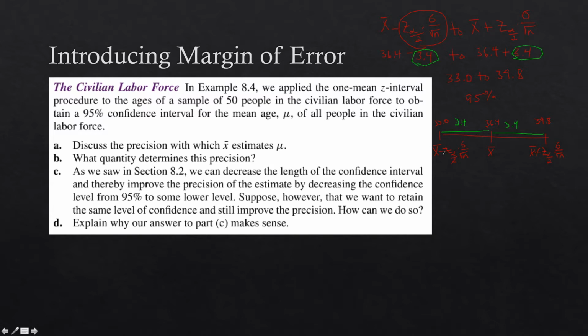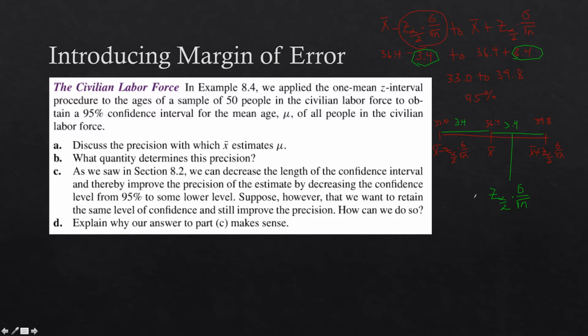These two green areas here represent the quantity that determines precision. Now, what quantity is this? This particular quantity is z sub alpha divided by 2 times the standard deviation over the square root of n. That is the quantity that is determining our precision.